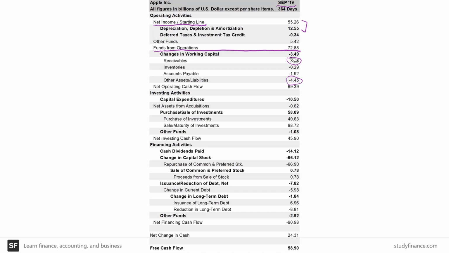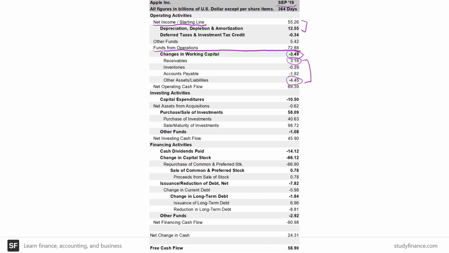The net result is a $3.49 billion decrease in cash from changes in working capital. So that is just adding all these figures together to get the 3.49.